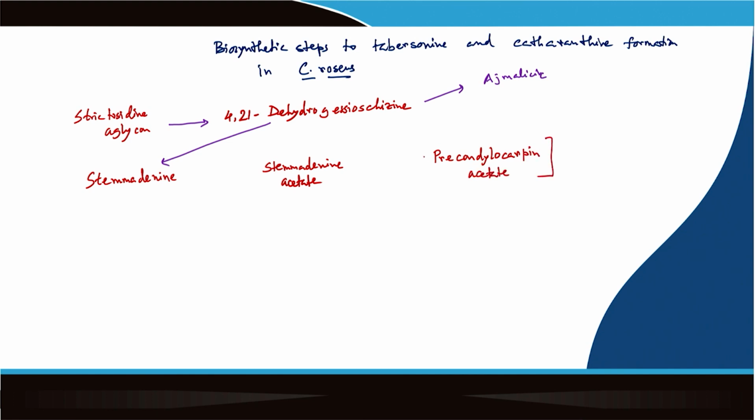This is an unstable compound, and this leads to the formation of dihydro pre-condylocarpine acetate.